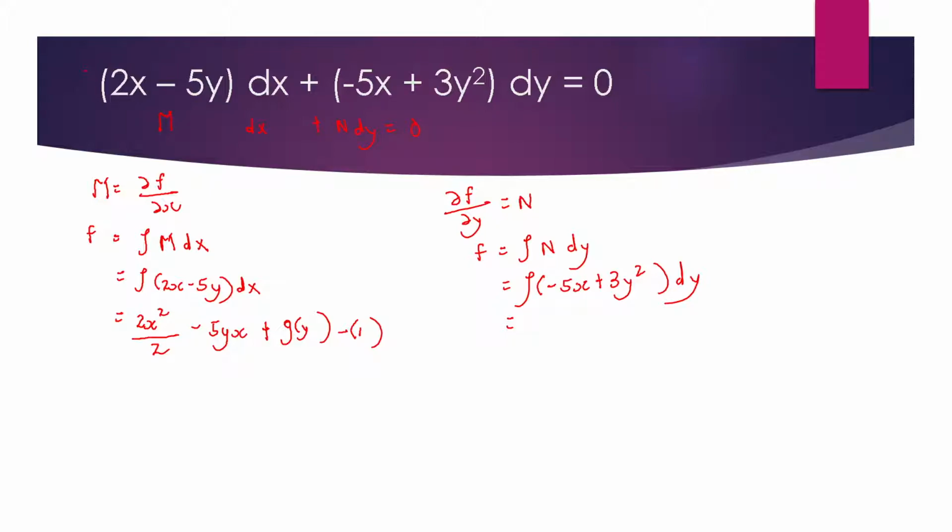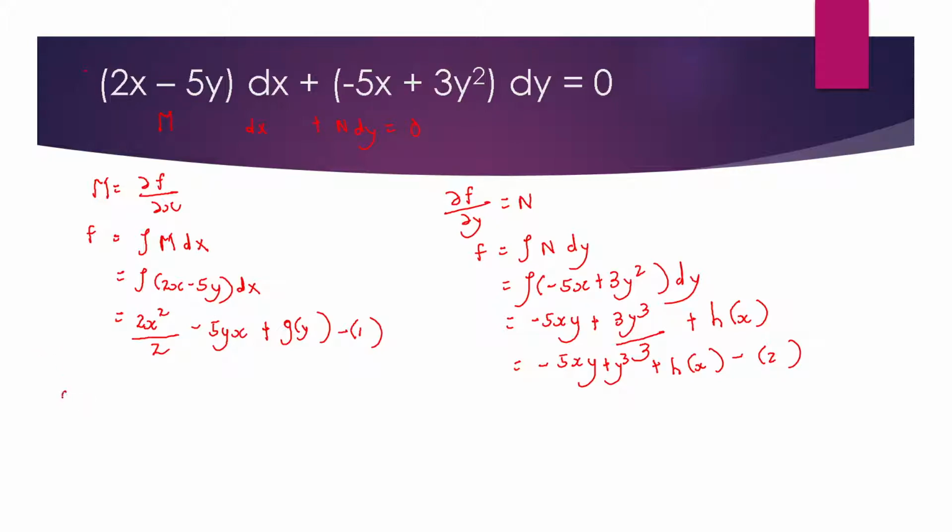So integrating negative 5x, a constant, with respect to y gives negative 5x multiplied by y. Integrating 3y squared: power 2, 2 plus 1 is 3, so you divide by 3. Normally plus c, but this is partial integration where x is constant, so the constant is a function of x. You can put negative 5xy plus y cubed plus h(x). This is equation 2.